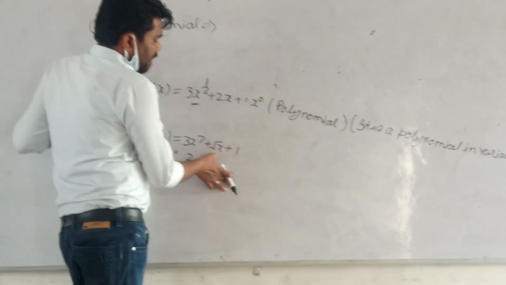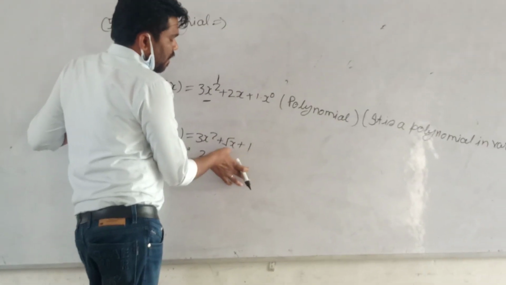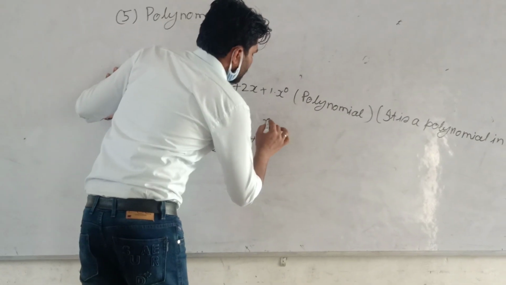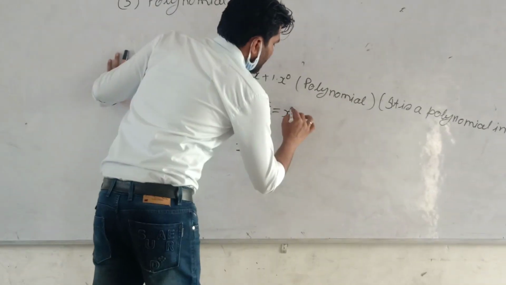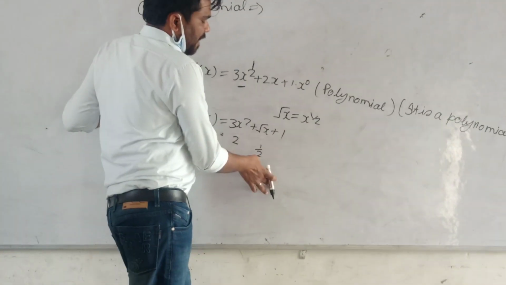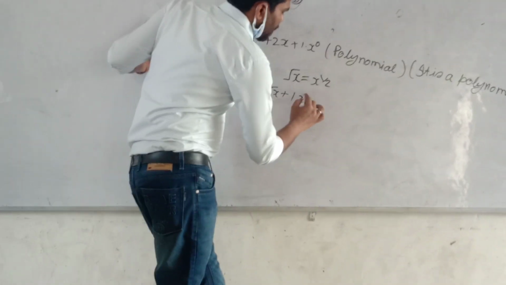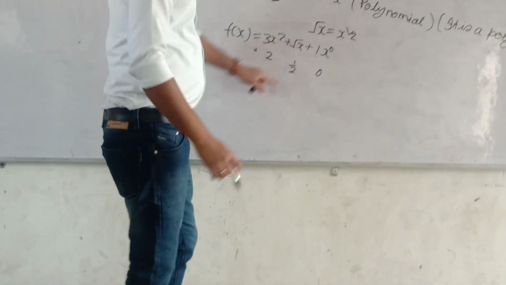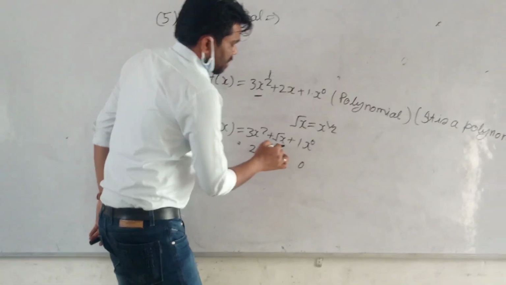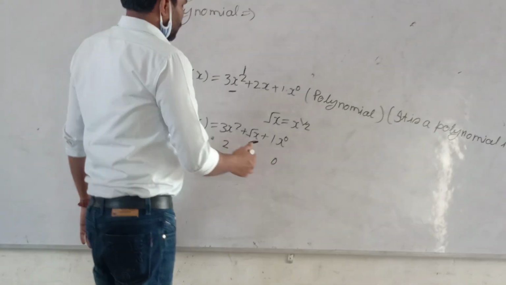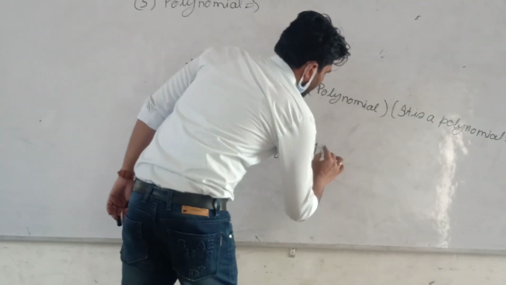The power of variable in this term is 1 by 2. Now we can write root x is equal to x to the power 1 by 2. In the last term, the power of variable is 0. So the power of this variable is 1 by 2, that is not whole number. So it is not a polynomial.